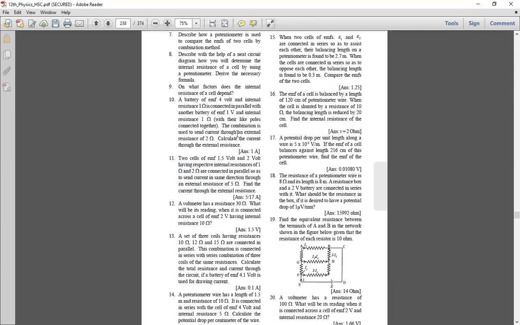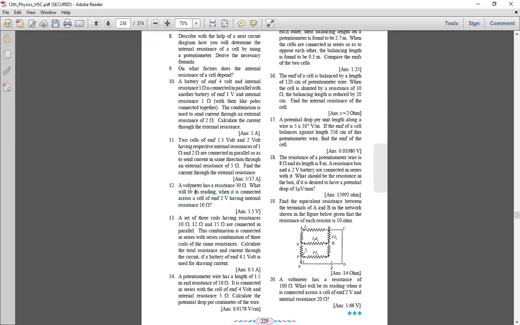In this problem also, I1 and I2 flow in the same direction through an external resistance of 5 ohm. Find the current through the external resistance. This problem is totally the same. I also solved this problem, and you can get the solution in the PDF attached to the video. So problem 11 is the same as the 10th.